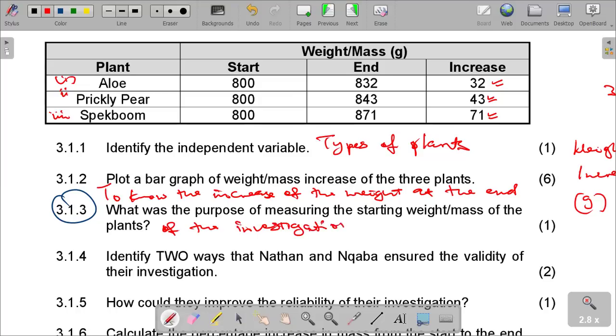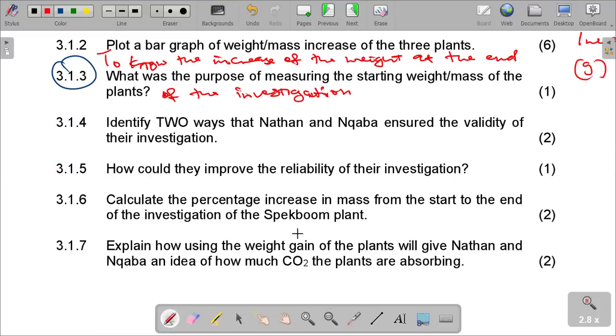So, in order for that to be understood, we need to know the initial weight first. What was the weight first, and then we can see the increase. These increases were known as a result of knowing what the first weight was. So, to know the increase or the gain of weight, how much the weight has increased at the end of the investigation.